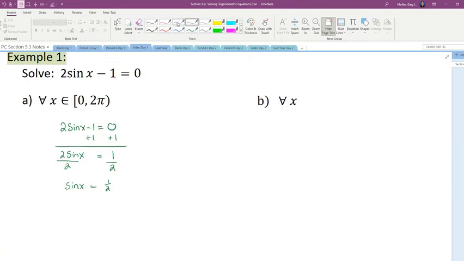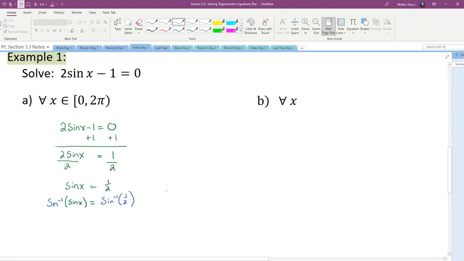Now, sticking with our algebra theme, what is the step I take that makes the sine disappear? I know the answer is not to divide by sine because that doesn't make any sense. Sine is a function. We have to undo the function. So technically speaking, I take the inverse sine of the left side and the inverse sine of the right side.